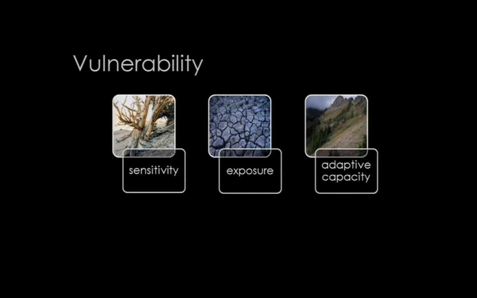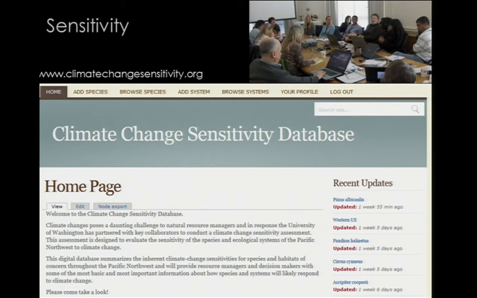Then exposure, the rate, magnitude, and character of climate change, and then the ability to cope, or the adaptive capacity. I'm using these terms all surrounding natural systems, that's why we're in the room, I guess, but species and ecological systems. So I'm defining those terms around those concepts.